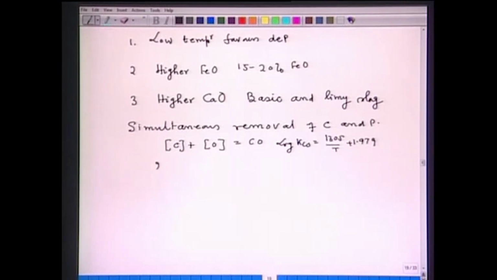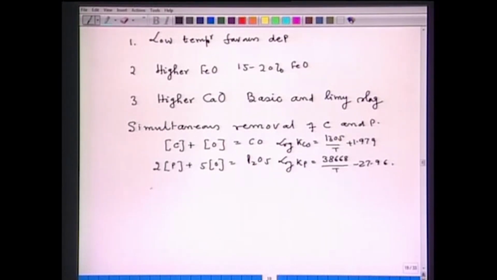Then I will write down 2P plus 5O, that is equal to P2O5, and log of Kp is equal to 38,668 upon T minus 27.96. Now, I can write down the value of Kp, I can write down the value of KCO, and I substitute them in order to get this equation.